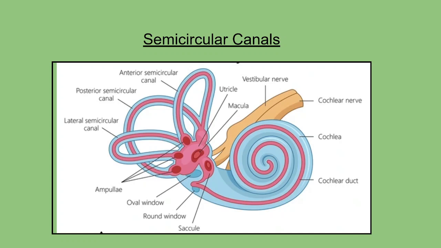They work by sensing the movement of the fluid within the canals, which stimulates hair cells that send signals to the brain about head position and movement, and that helps in maintaining body equilibrium.